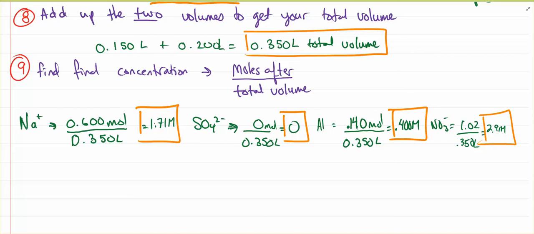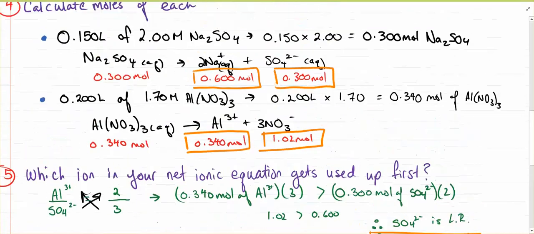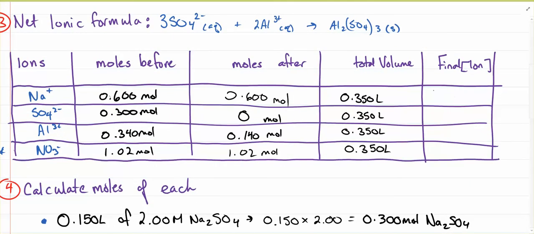And for the nitrate, I'm going to take the 1.02 moles and divide it by the 350 milliliters again. When I get that, I can plug it back up into my table. And so I'm going to get 1.71 moles per liter molarity, 0, and then 0.400 molar, and finally 2.91 molar.